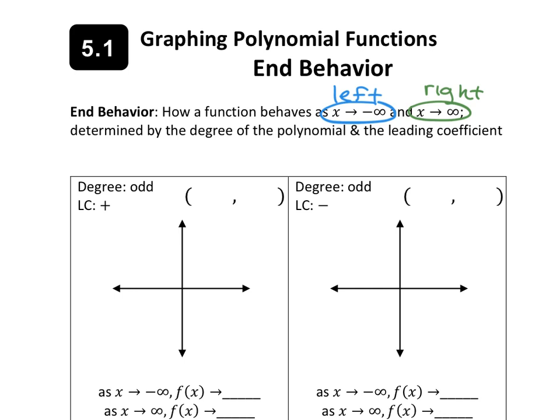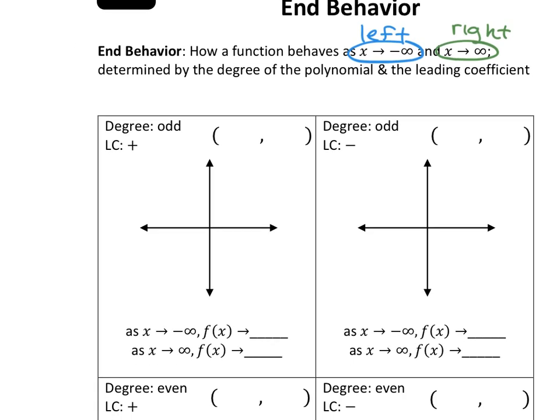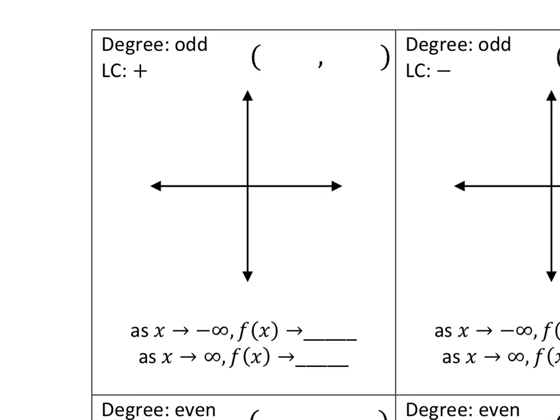It is all determined by the degree of the polynomial and the leading coefficient. Your only options are for the degree to be odd or even, and the leading coefficient to be positive or negative. If you have an odd degree polynomial, and your leading coefficient is some positive number, then odd means opposite.